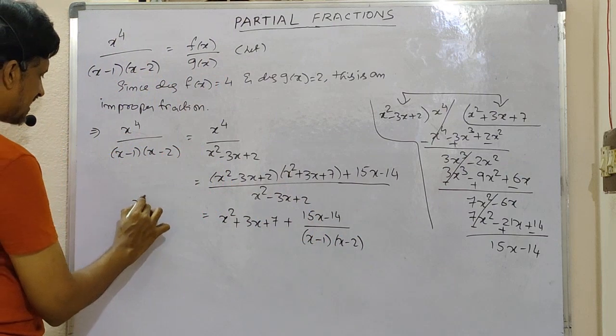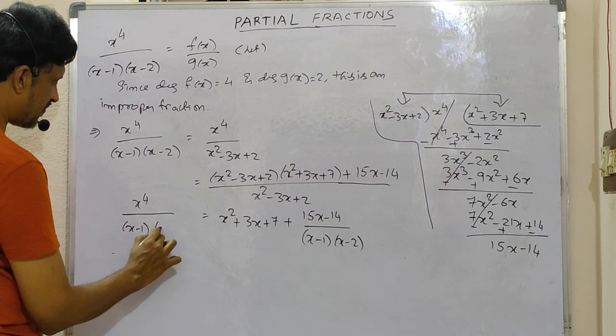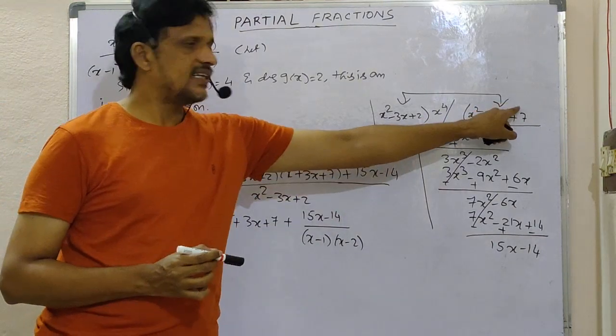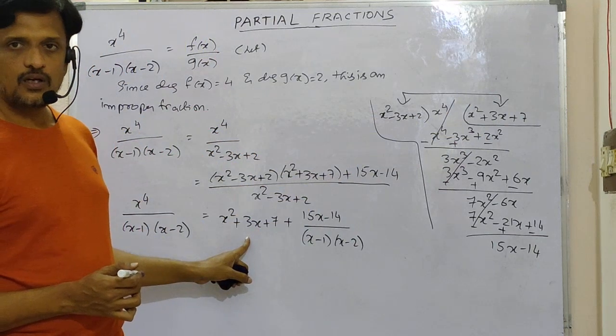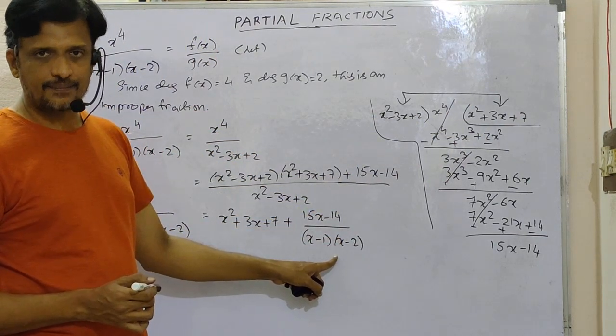So the given fraction can be expressed as the sum of two terms like this, where the first one is the quotient plus remainder by divisor.